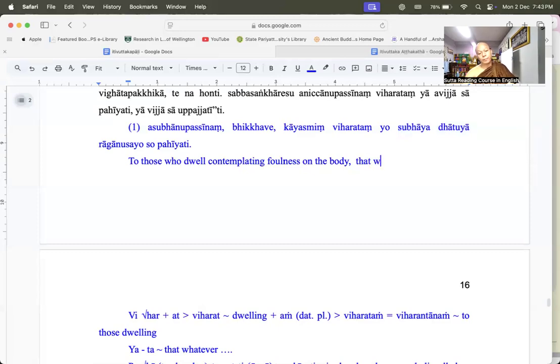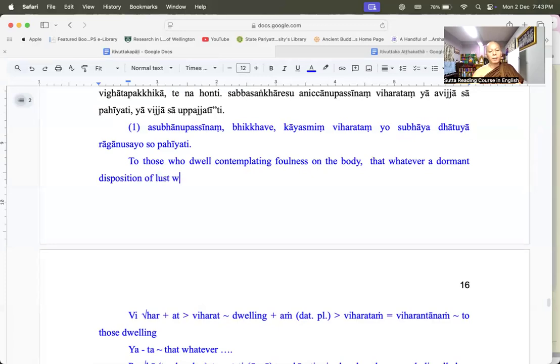With regard to the beautiful element, beautiful things, it is abandoned, or dispersed, in this way.